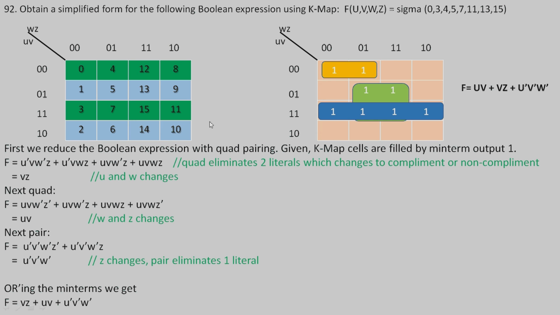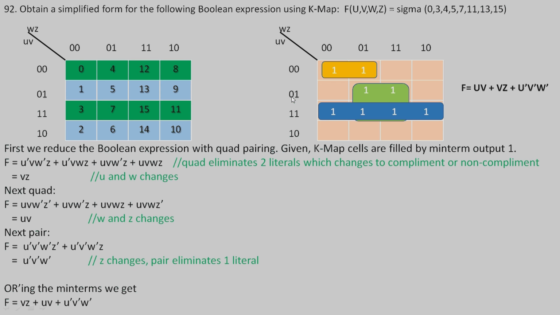So here you see this minterm, when we find the function for it, is u complement v, w complement z. First we start with the quad. Here u is 0, v is 1, w is 0, and z is 1.